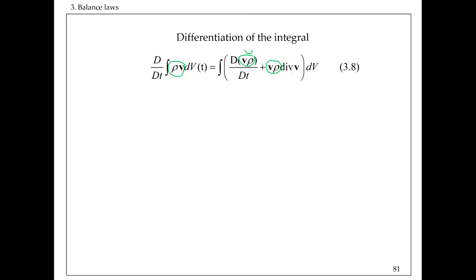So here we can just imagine that instead of psi we write v rho, and basically the derivation works exactly the same.